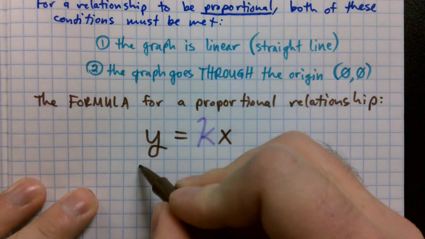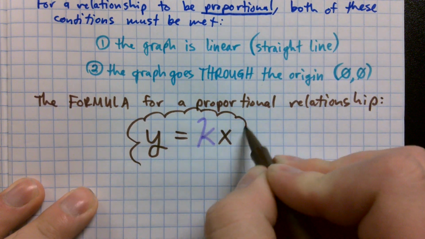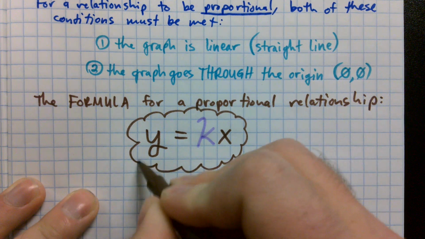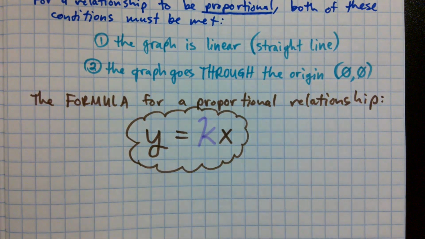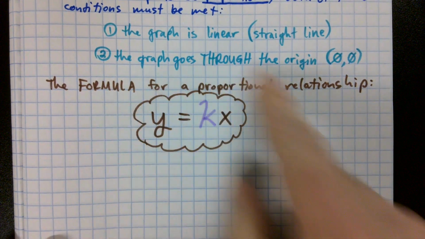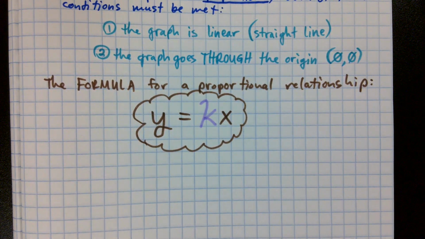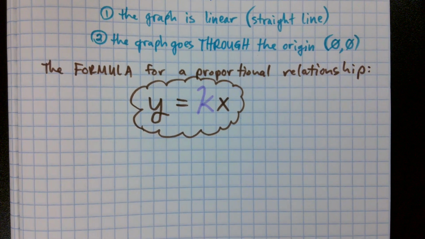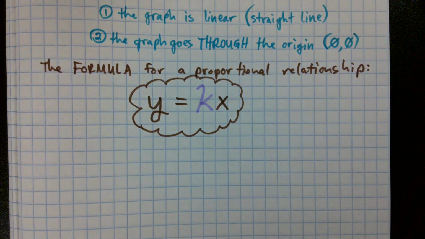And we'll put a bubble around that. So if we're taking a test in 3 weeks and we forget what the formula is for a proportional relationship, we could jump right over here and see, oh, nice and large in the bubble, there's our formula. Y is equal to k times x.